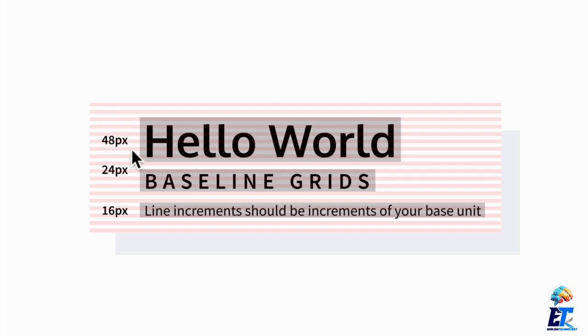So, multiply by 8, and on that baseline grid, so we got 4 pixel here, 4 pixel here. So we got 8 pixel spacing between the top and the bottom here, and we got 12 between the subheader and the copy. So this creates this vertical rhythm that really helps to create consistency throughout your whole piece. Let's jump into responsive grids in Figma.